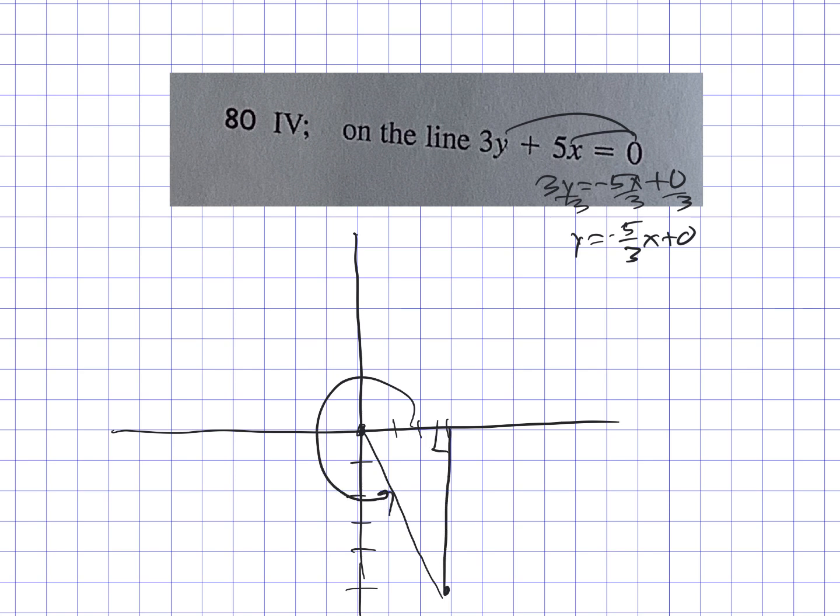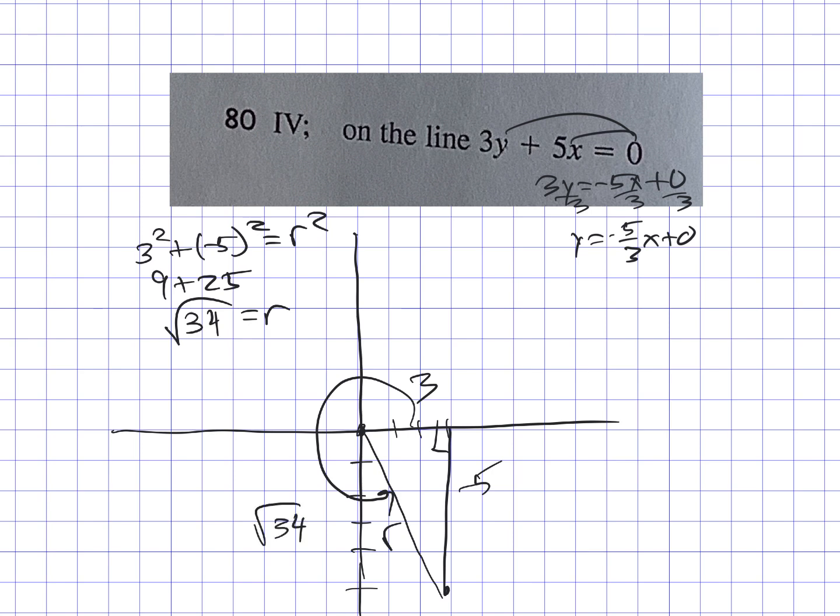There's our triangle. +3 and -5. Now we've got to find r. 3 squared plus -5 squared equals r squared. 9 plus 25 is 34. So r is the square root of 34. Okay, so the sine of theta, opposite over hypotenuse.